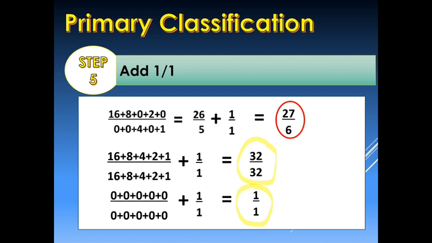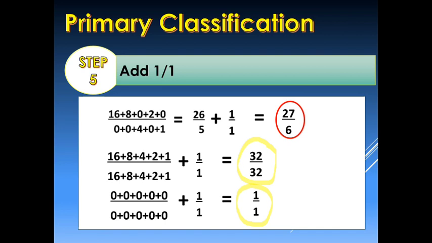So 32 over 32 is our highest value in primary classification, and 1 over 1 is our lowest value. In other words, the primary classification ranges from 1 over 1 until 32 over 32.